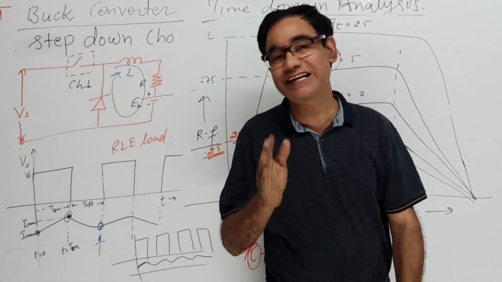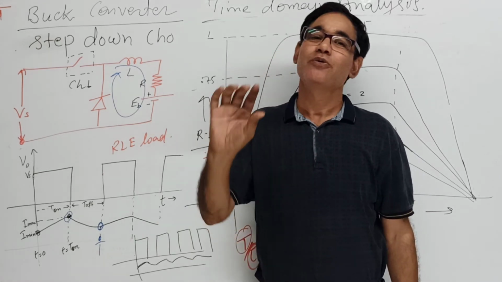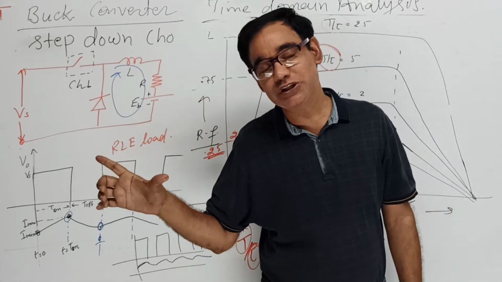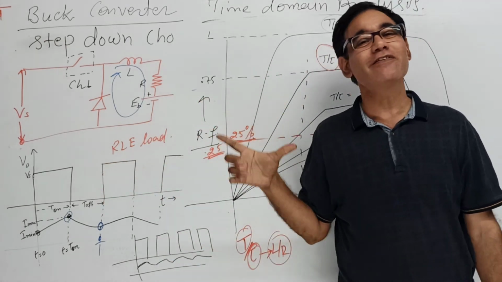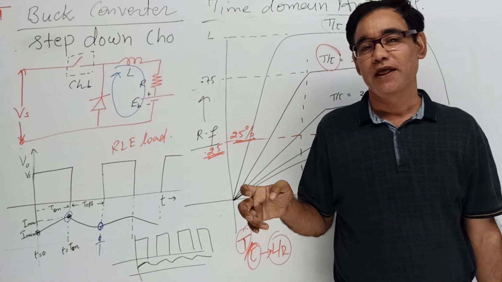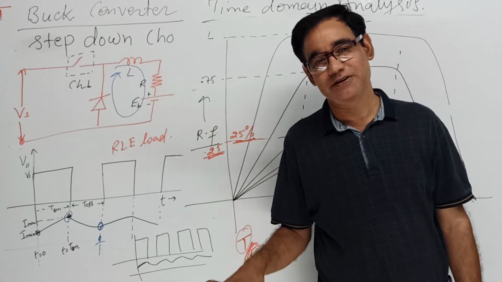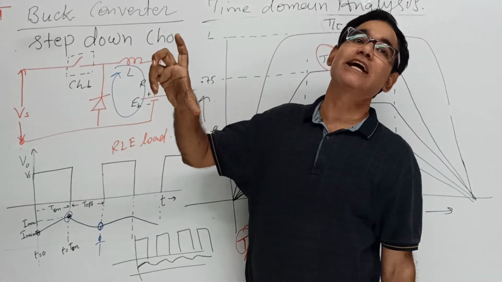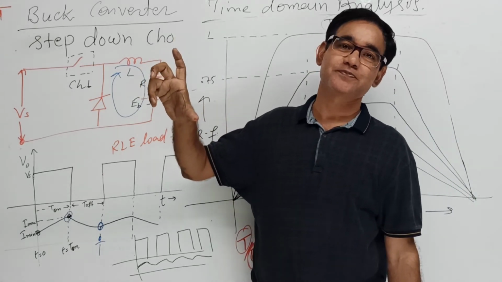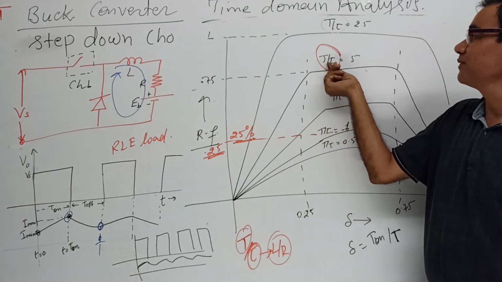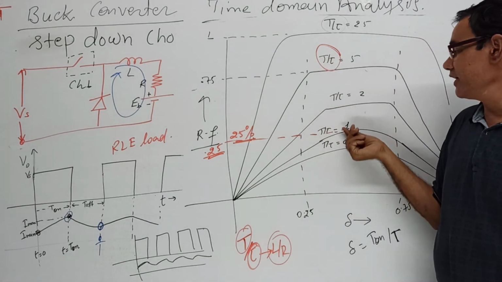How can we decrease the ripple content? Which factors affect the ripple content? The time of a cycle, the operating frequency of a cycle. The higher the operating frequency, the lesser the ripple. The higher the time constant of the circuit, tau, the more the ripple content decreases.